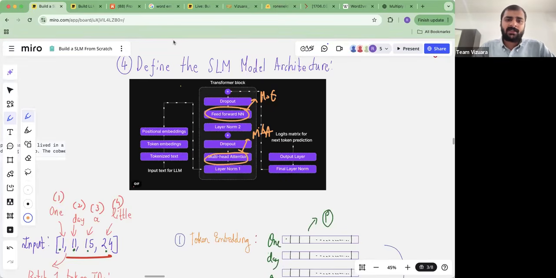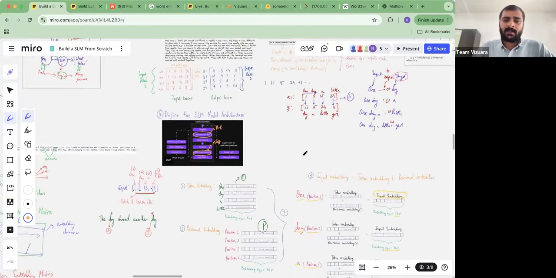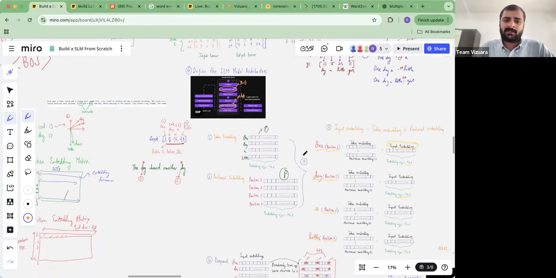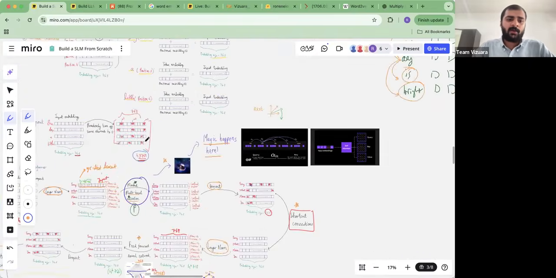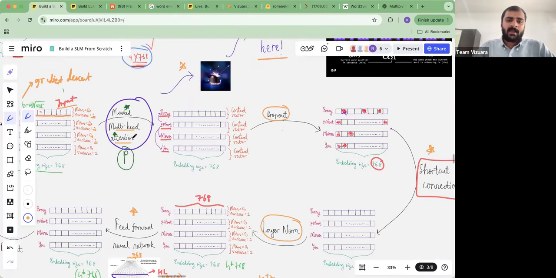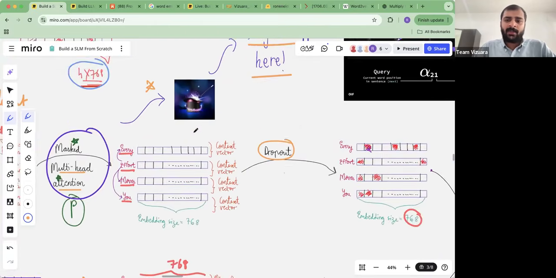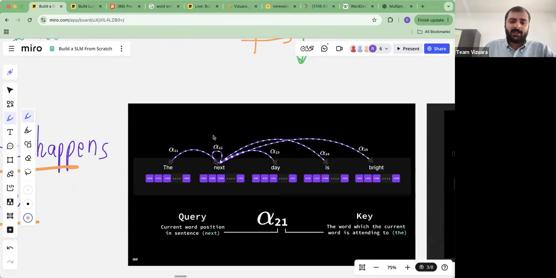Has everyone understood this attention part intuitively? Especially how the multi-head attention happens. There is so much more digging you can do after this point. I've only explained it to a point where you will understand it intuitively. So now you should be able to appreciate why we say that an attention mechanism captures information about its neighbors.